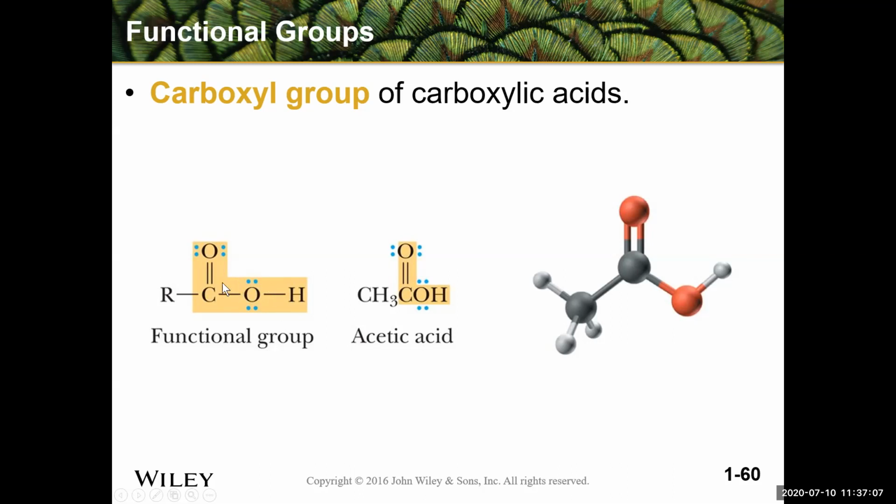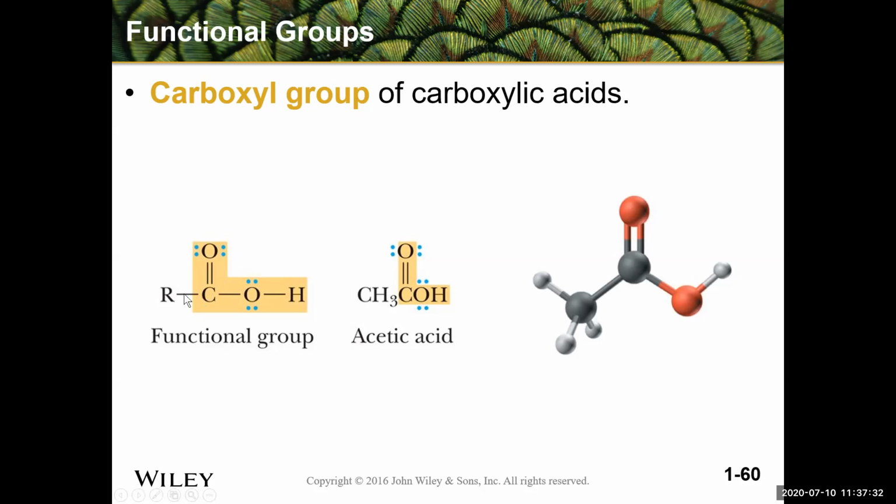So think of this whole unit as a carbon bonded on one side to the rest of the molecule. And by the way, this R group can be a hydrogen. Okay, so you have one compound where that's a hydrogen, and that compound is called formic acid.